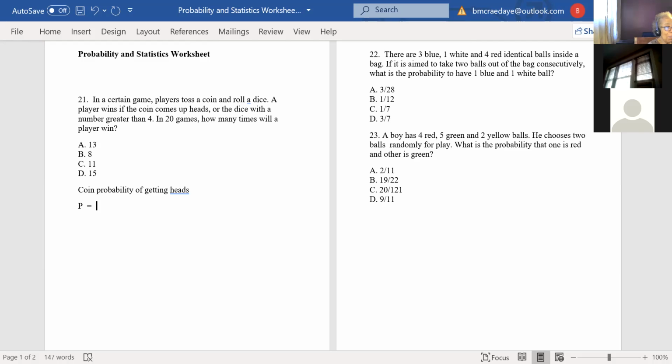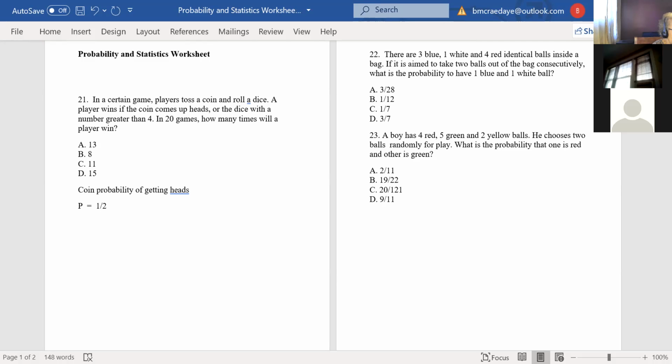Well, you only have one head, right? So that's 1. And you have 1 out of 2 chances, because the total possible is heads, tail, that's 2. So the probability of getting a head is 1/2, correct? Okay.